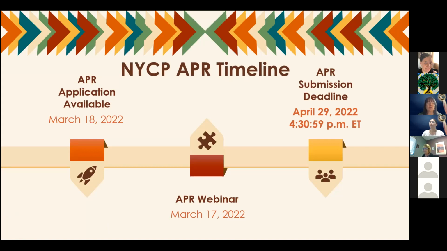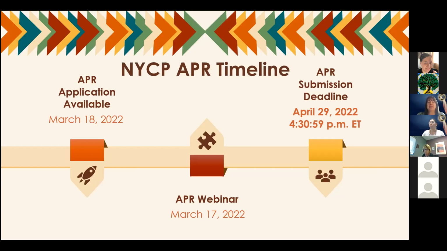Those of you who are veterans at this process know that G5 is really strict with those times. Note that it is 4:30 Eastern time. G5 will close down and you won't be able to enter any data or information after that time. So you might actually want to back up from that a couple of days and put a due date on your calendar for a day or two early.